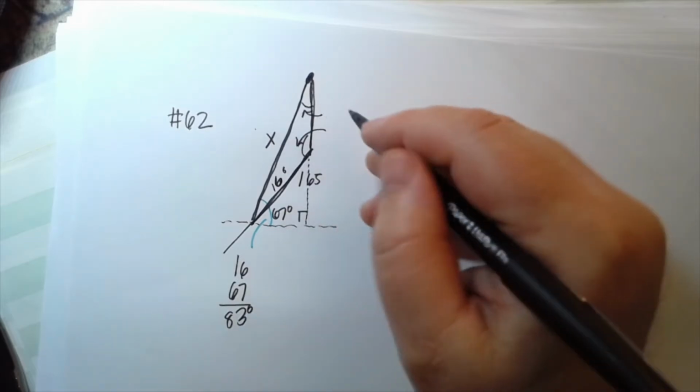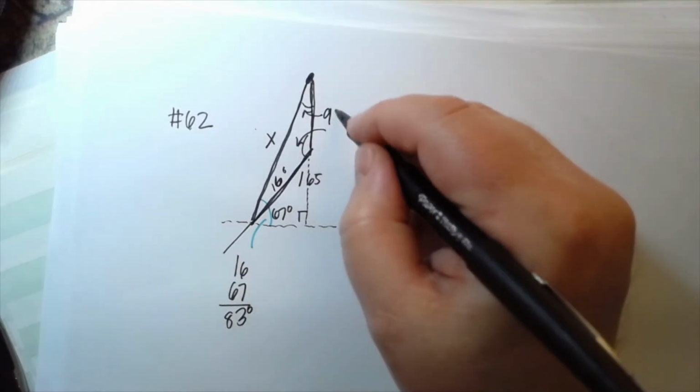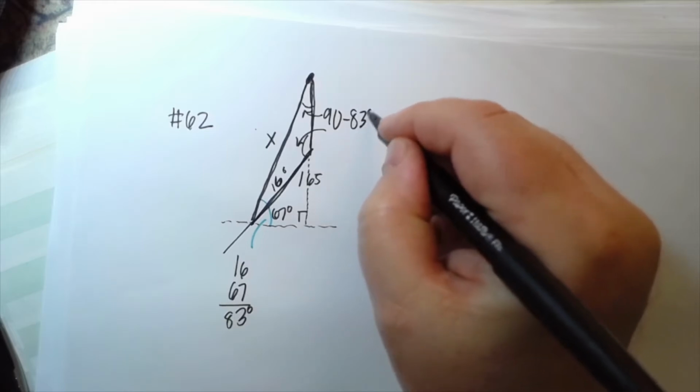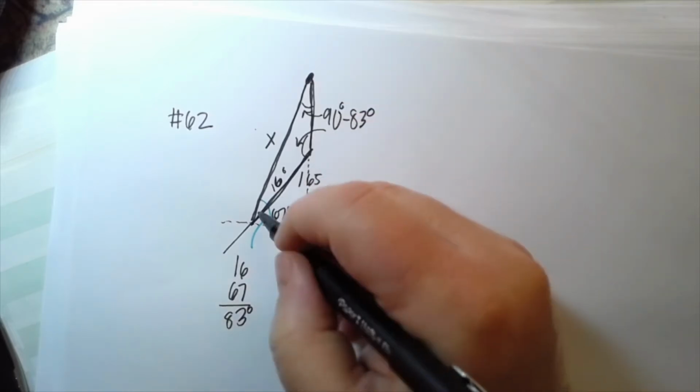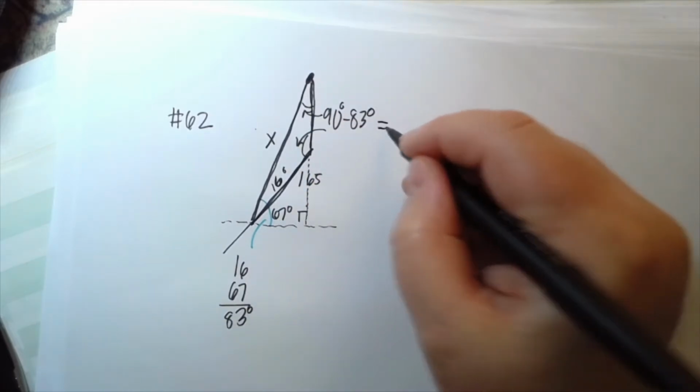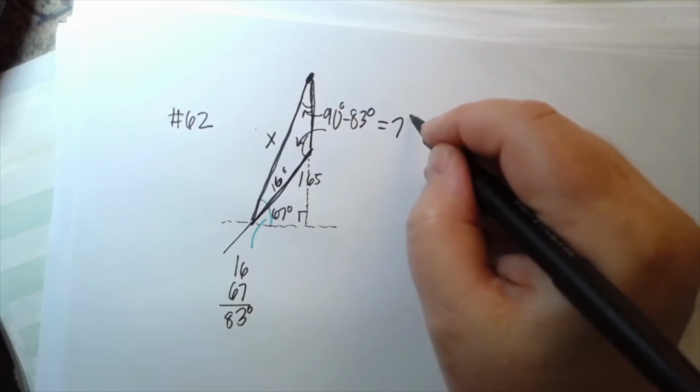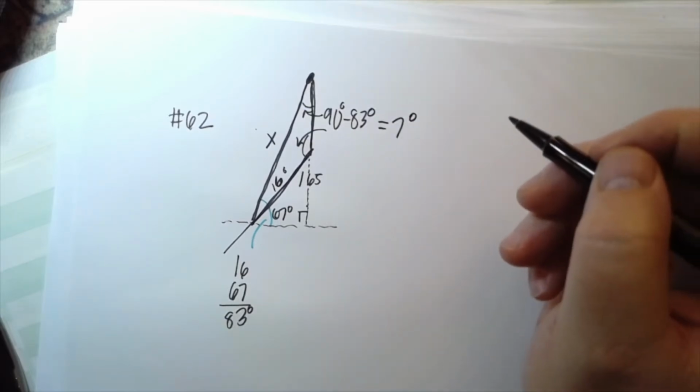So that means that this angle up here is 90 minus 83 degrees, because we're inside of a right triangle, so the angles are complementary. So this gives me 7 degrees right here.